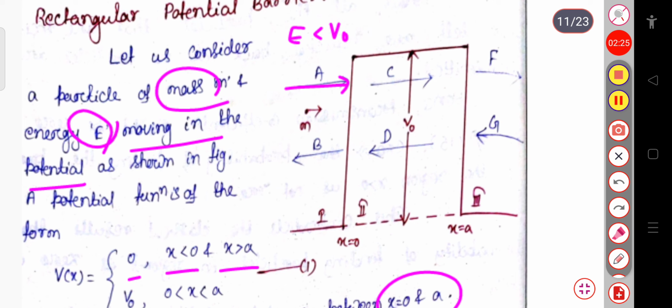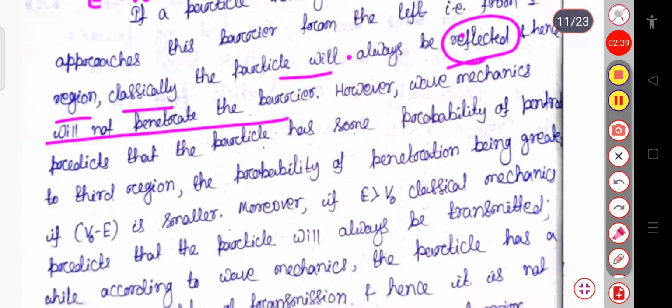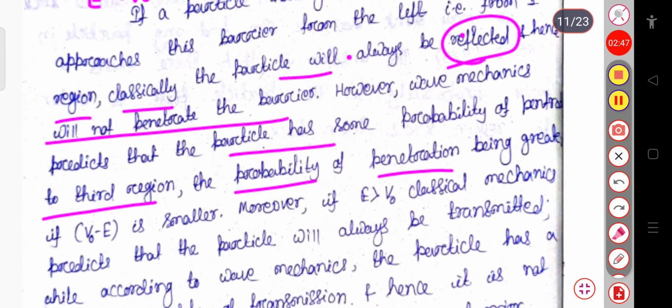But wave mechanics, or quantum mechanics, says that there is some probability that you can find the particle in this region also. The wave mechanics predicts that the particle has some probability of penetrating through to the third region also, and the probability of penetration is greater if V naught minus E is smaller.